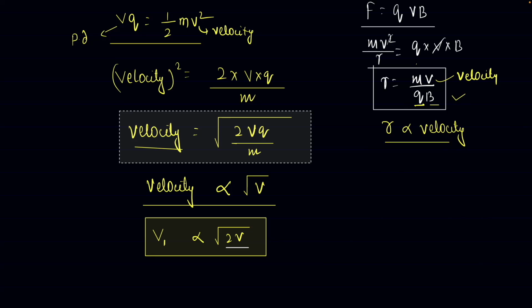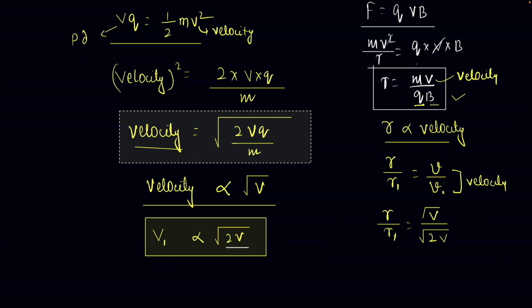From this relation we can write r by r1 is equal to v by v1. Understand, these are velocities. So let's substitute the values. R by R1 is equal to root of potential V by root of 2 times the potential.